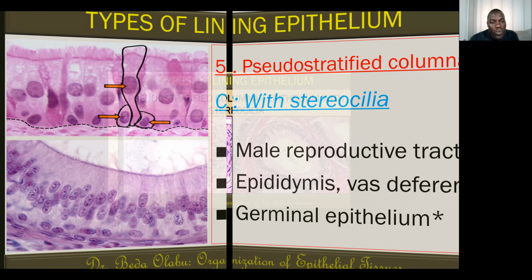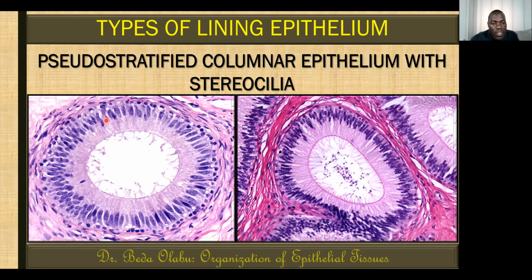This is how the pseudostratified columnar epithelium with stereocilia will look. First, we agree it is pseudostratified. The apical zone is devoid of nuclei. I can hide that one. Then now I make my case. The same as this one, the apical zone is devoid of nuclei, yet you have multiple zones of the nucleus, so it is pseudostratified.